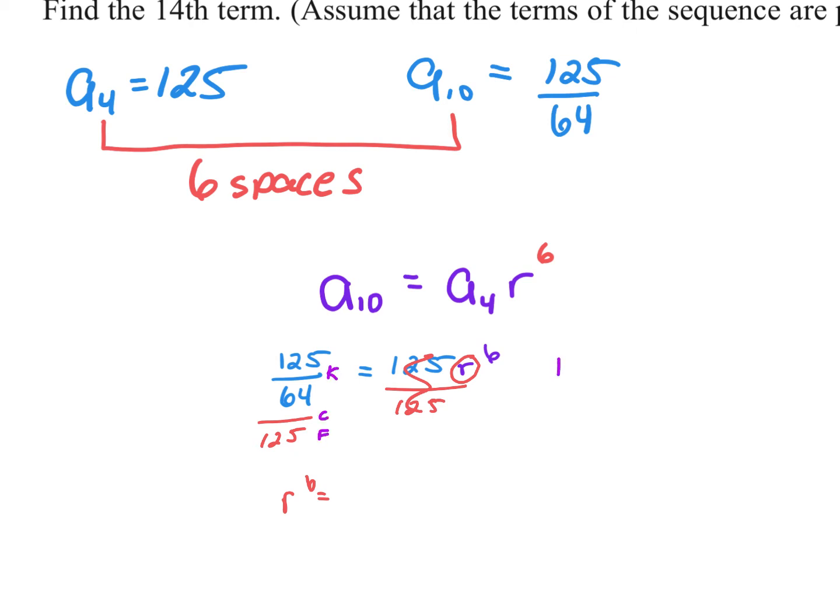So this becomes 125 over 64 times what? 1 over 125. Perfect. What happens? The 125's cancel. Good. So this becomes 1 over 64, right? You guys with me?